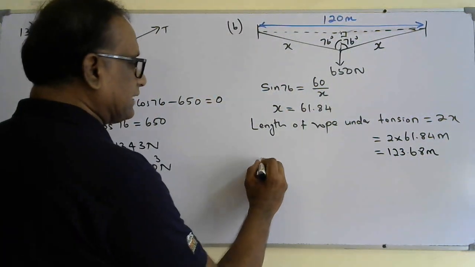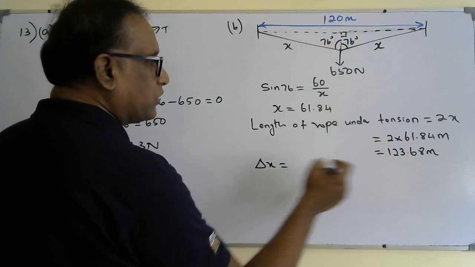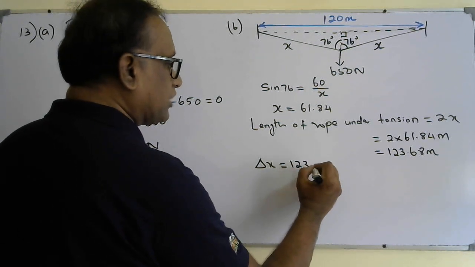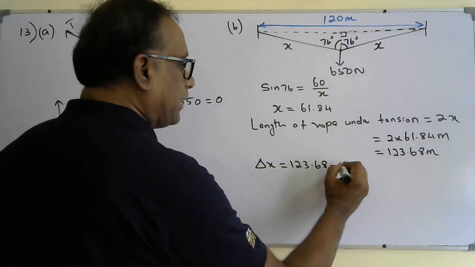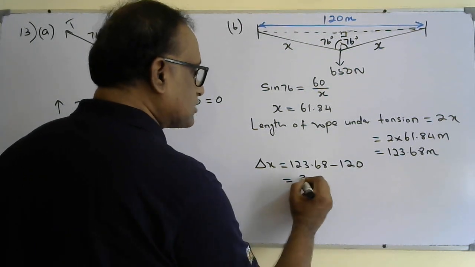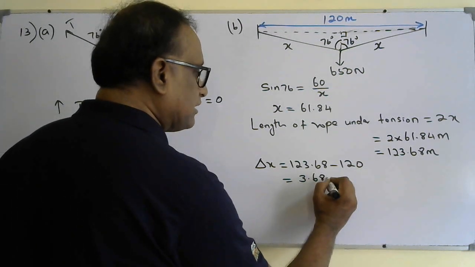So the extension delta x is equal to the total length currently, 123.68, minus 120. So that's going to be 3.68 meters.